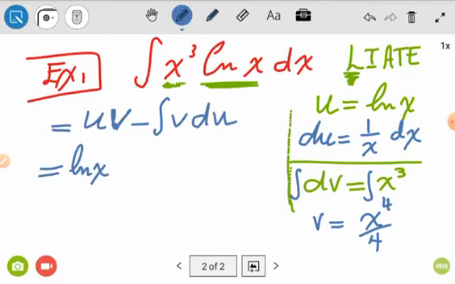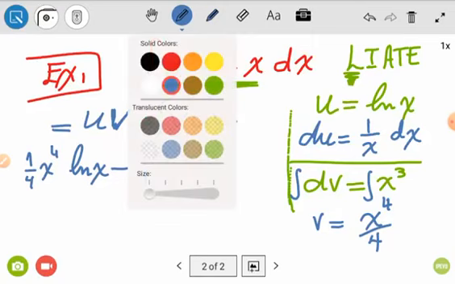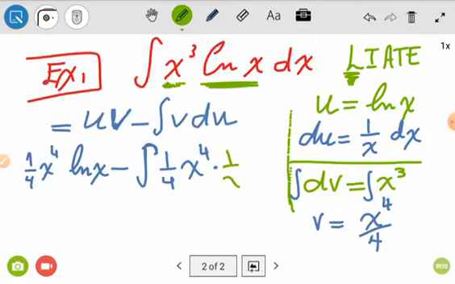Then v, which is x to the power of 4 over 4, which is 1/4 x to the power of 4 ln x, minus the integral of v, which is 1 over 4 x to the power of 4, and du again is 1 over x dx.